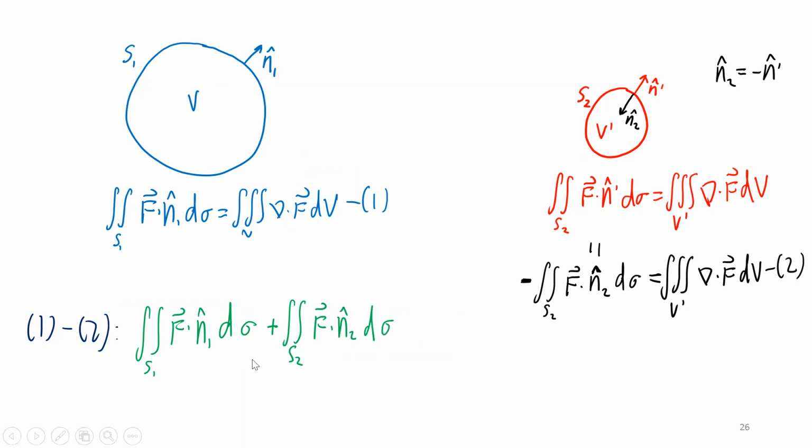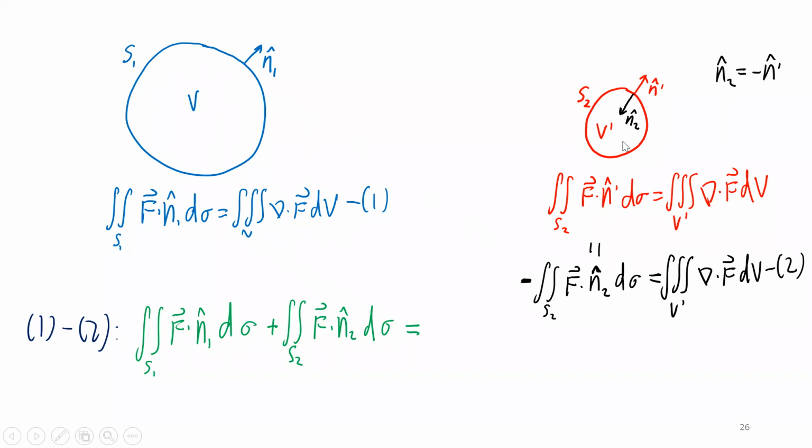Okay. So that's the left-hand side. And the right-hand side would be this volume integral minus this volume integral. So the volume integral over the entire region minus the volume integral over this region.